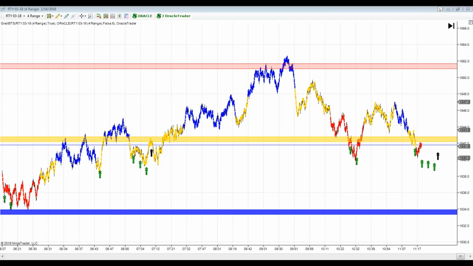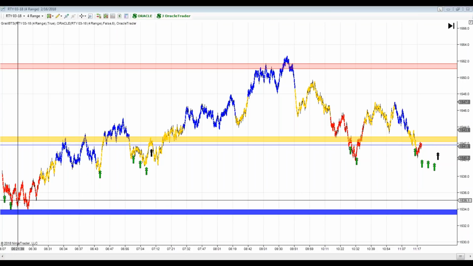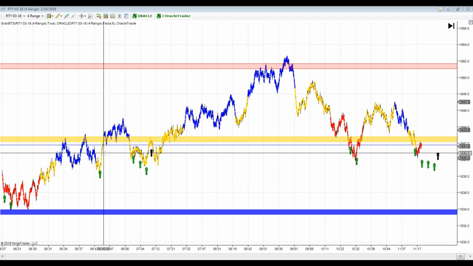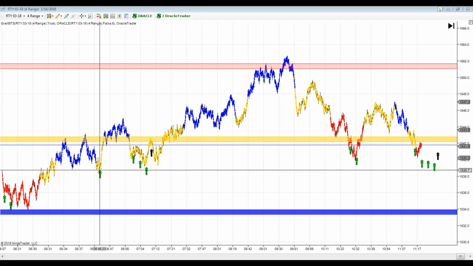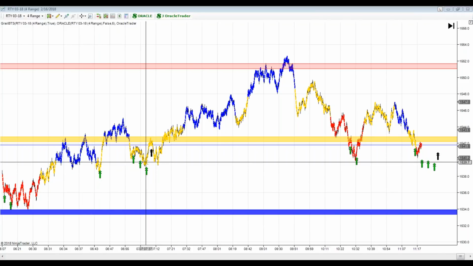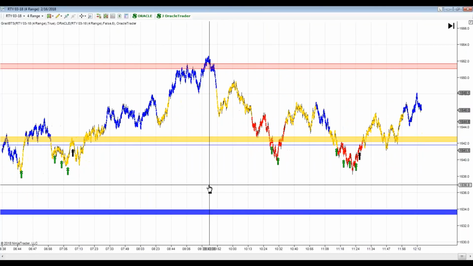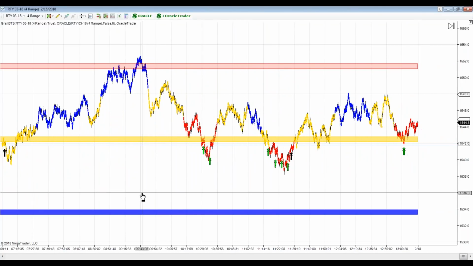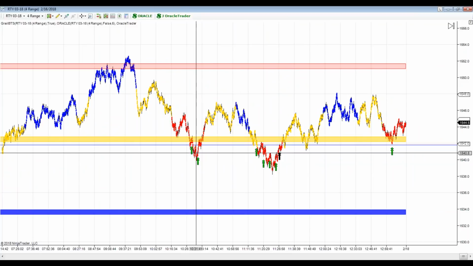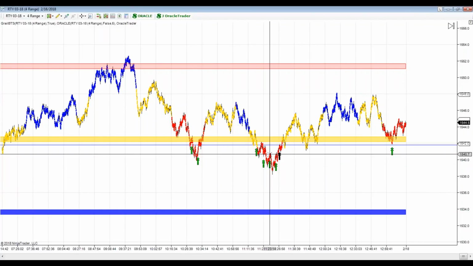You had 2 nice entries down here. A little later on, as we moved back in, you had a nice entry here, a couple of nice longs here that moved up and hit the upper band that I mentioned. And then as we moved deeper throughout the day, we had some subsequent entries down here.